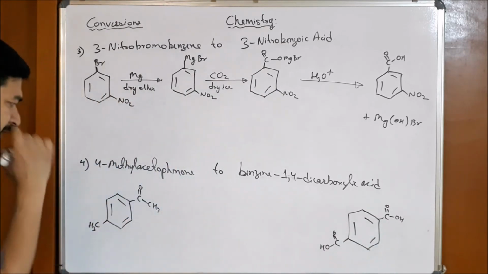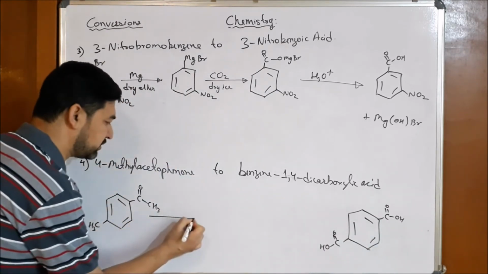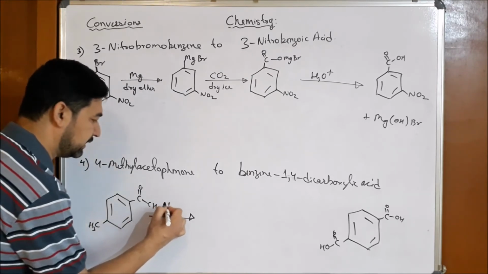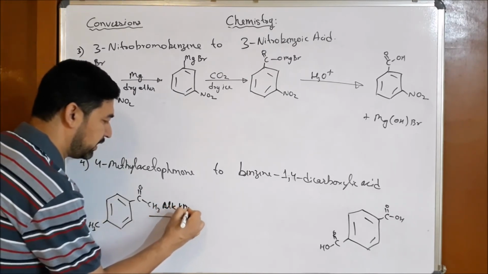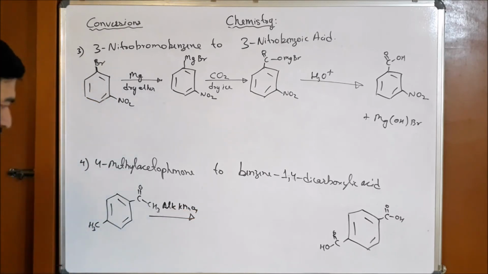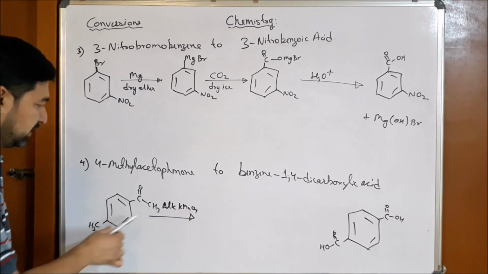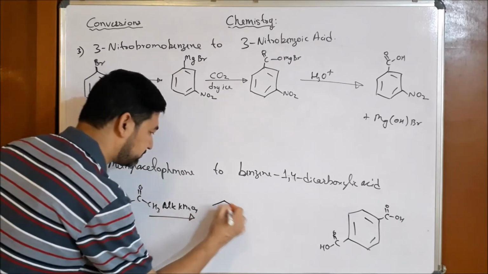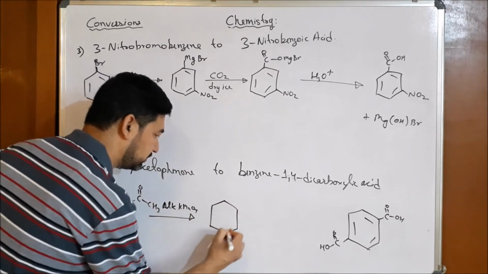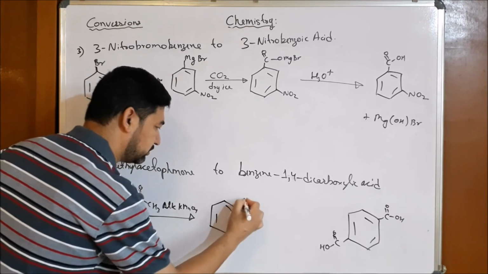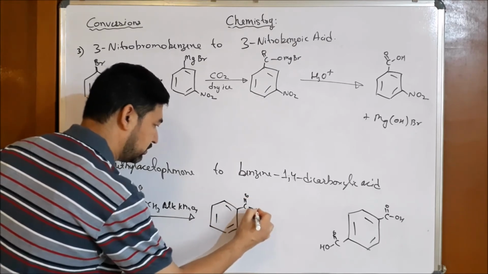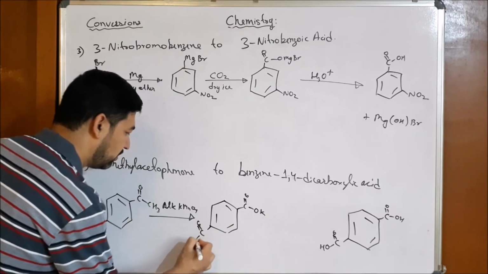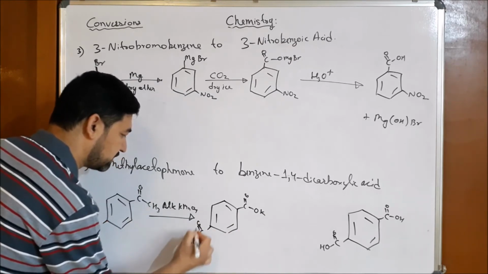We know that if we do strong oxidation, as we have learned in the previous class also, with alkaline KMnO4, what will happen? Everything breaks at the first carbon, giving the potassium salt of carboxylic acid. So here also we'll have a potassium salt of carboxylic acid.